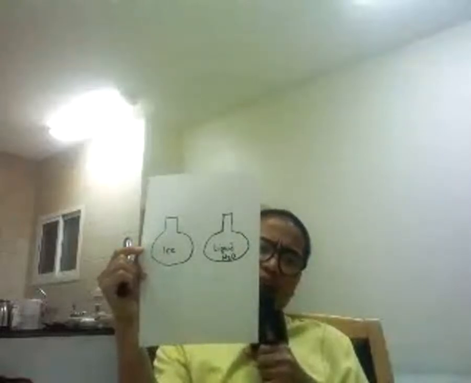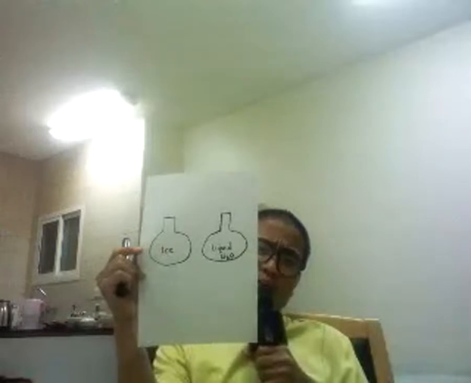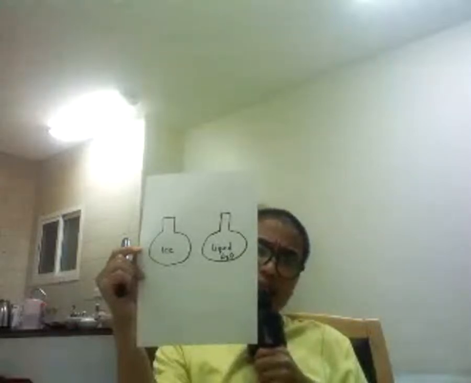phase, at the freezing point of temperature 0 degrees Celsius. So 0 degrees Celsius will mean 42 degrees Fahrenheit. Am I correct? Okay, so converting Celsius to Fahrenheit, the value of 0 degrees Celsius is 32.